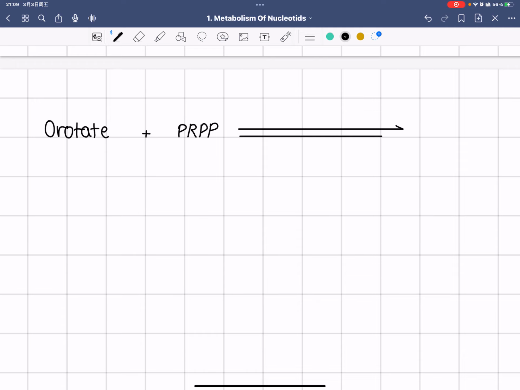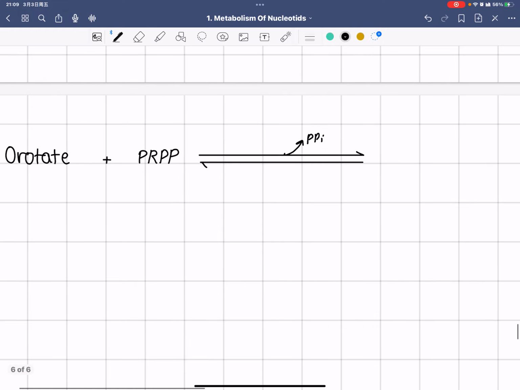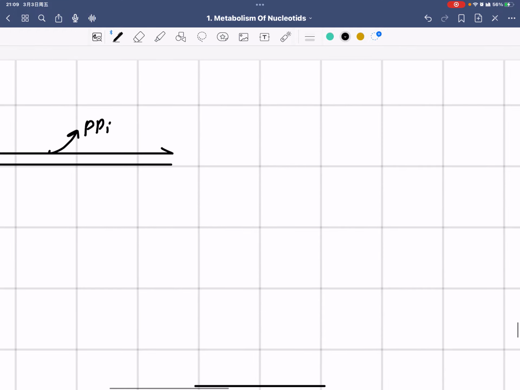Here, let's be serious. Here, we get rid of the 2 phosphate groups from PRPP so that we can join orotate with the ribose sugar from PRPP. So basically it's phosphoribosyl pyrophosphate, ribose pyrophosphate.